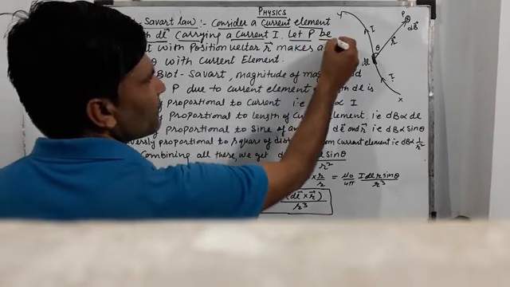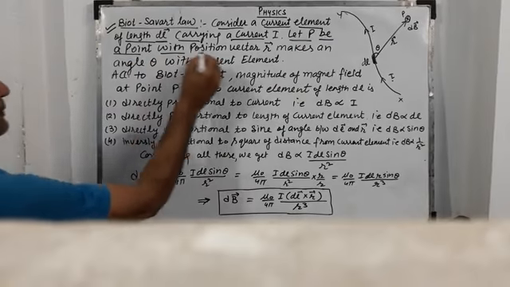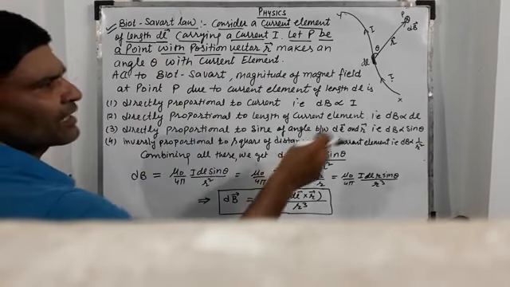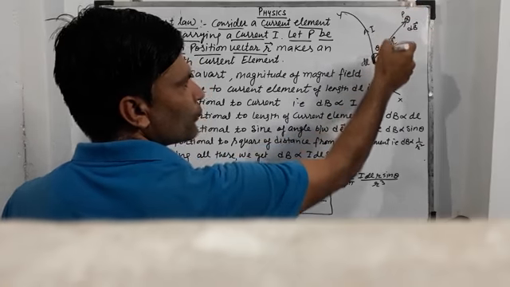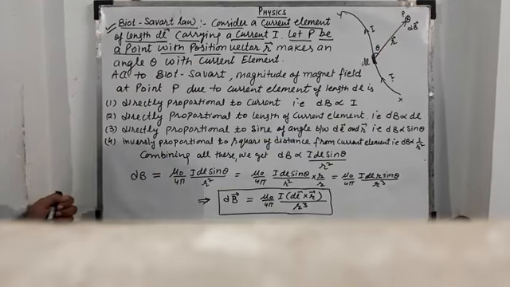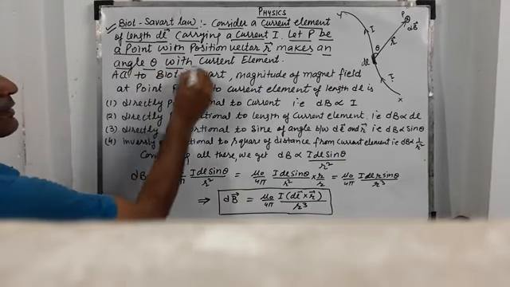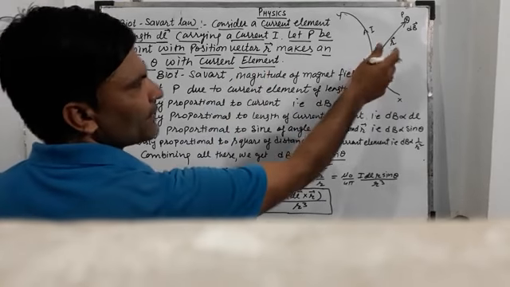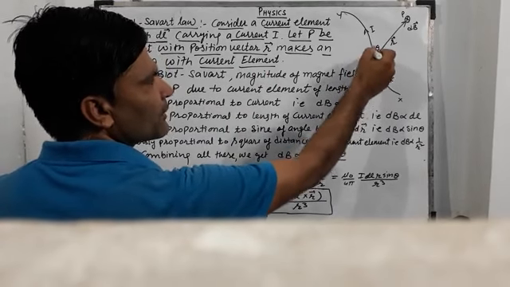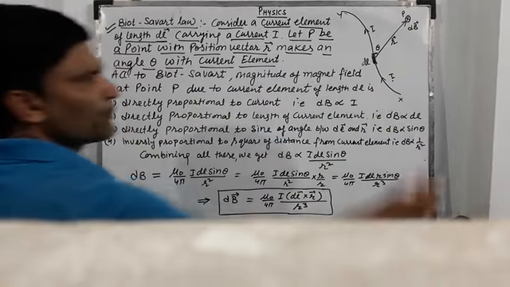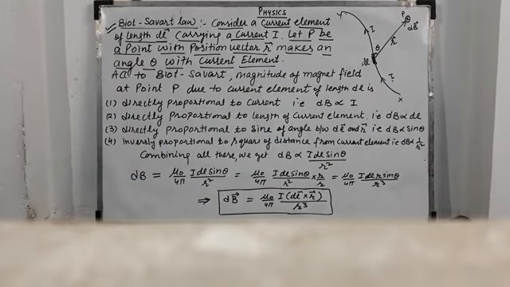Let P be a point with position vector r, which makes an angle theta with the current element. This is the angle between the current element and the position vector.